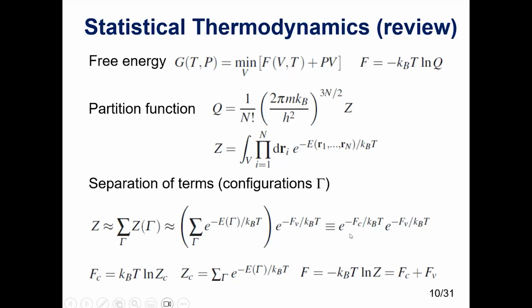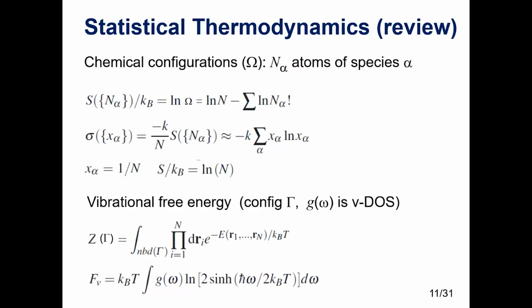One of them is the exponential of a configurational free energy. The configurational free energy is the log of this configurational partition function. And the other term is the vibrational free energy that I'll show you how to compute in a moment. And the full free energy then is a sum of a chemical configuration part and a vibrational part.